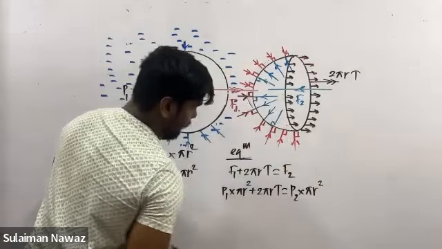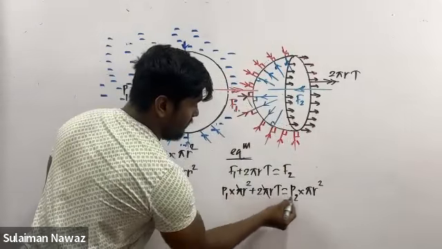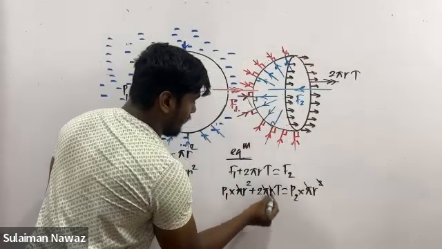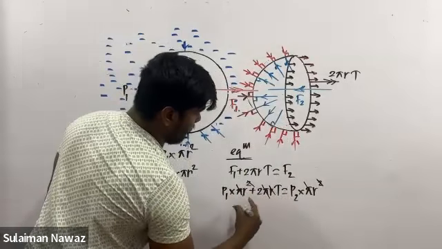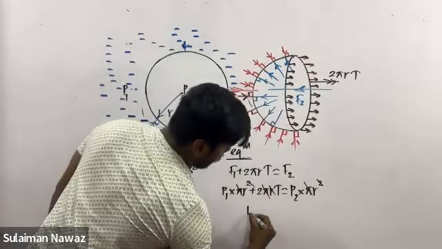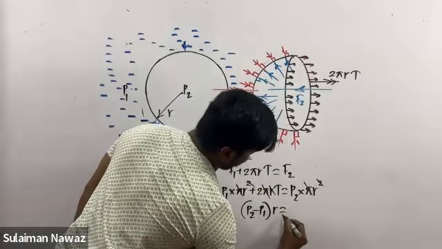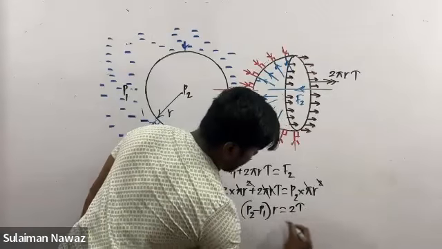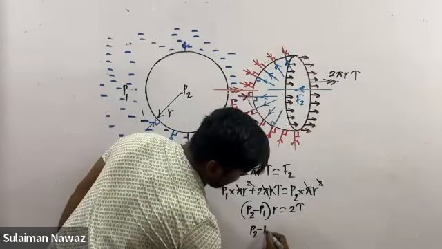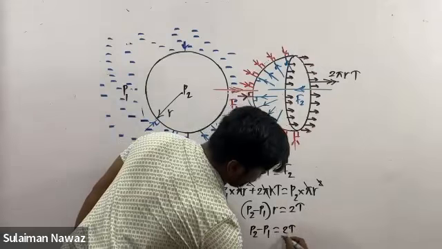When you simplify, dividing by pi, one r cancels out, and I get (P2 minus P1) r equals 2T. Therefore, P2 minus P1 equals 2T over r.